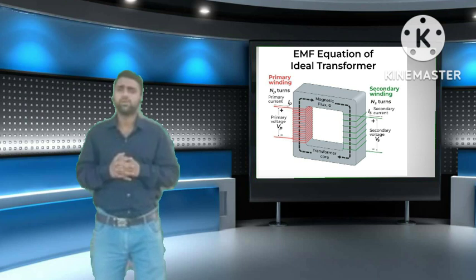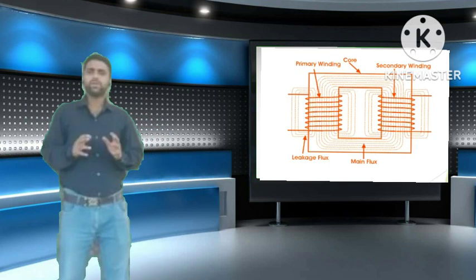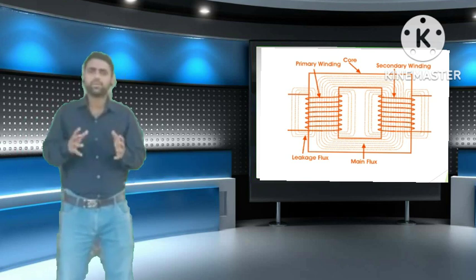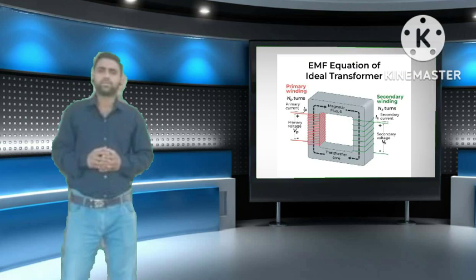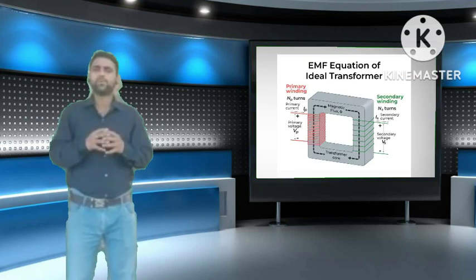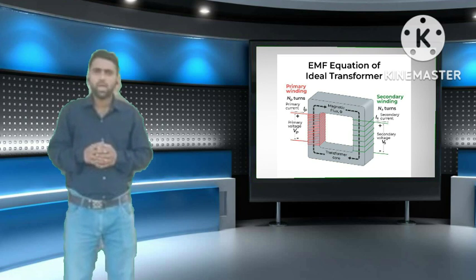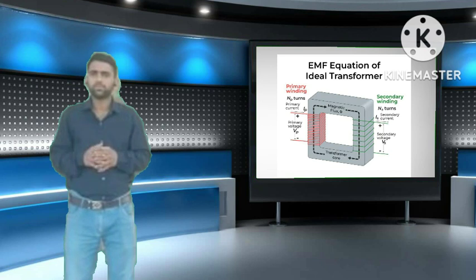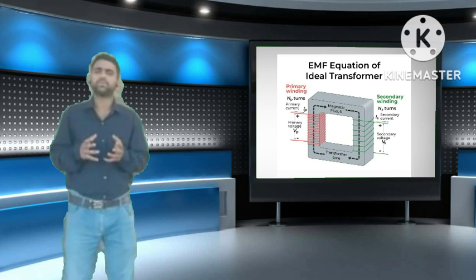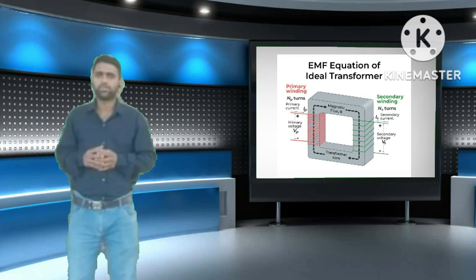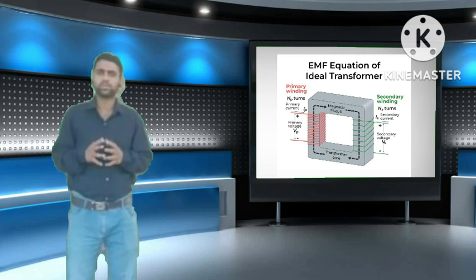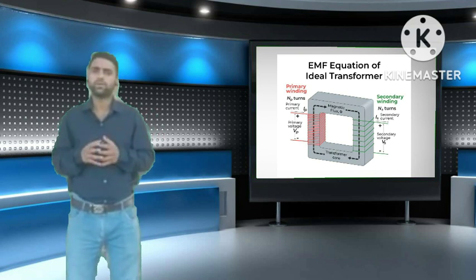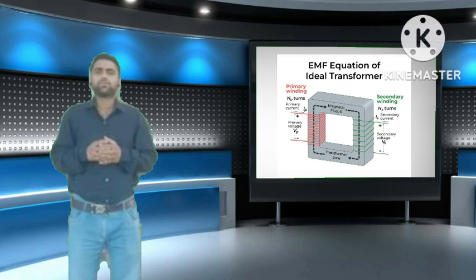Main constructional parts of a transformer. The three main parts of a transformer are, first, the primary winding, which produces magnetic flux when it is connected to an electric source. Second, the magnetic core of the transformer: the magnetic flux produced by the primary winding passes through this low reluctance path, linking with the secondary winding and creating a closed magnetic circuit.